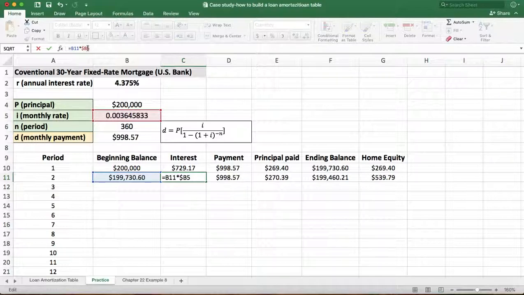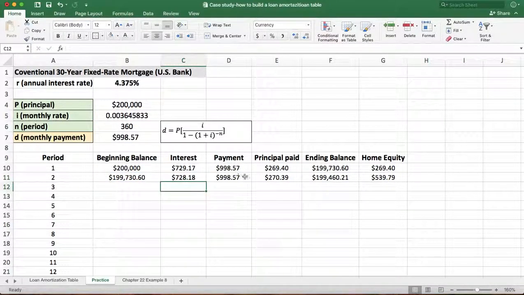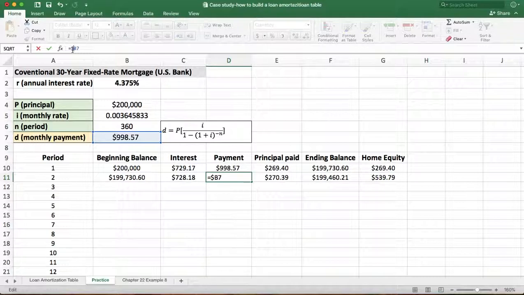Monthly interest rate is constant, not changing. Put the dollar sign in front of the column sign and the row sign and lock it. Payment every month is the same, so make it constant. Lock it, put the dollar sign in front of it.